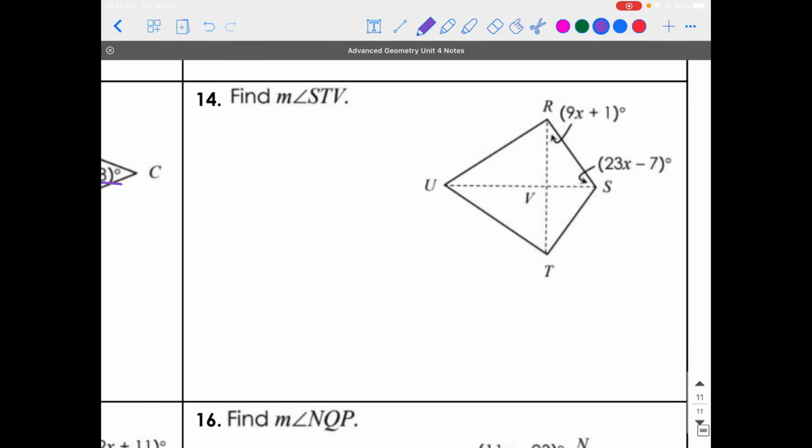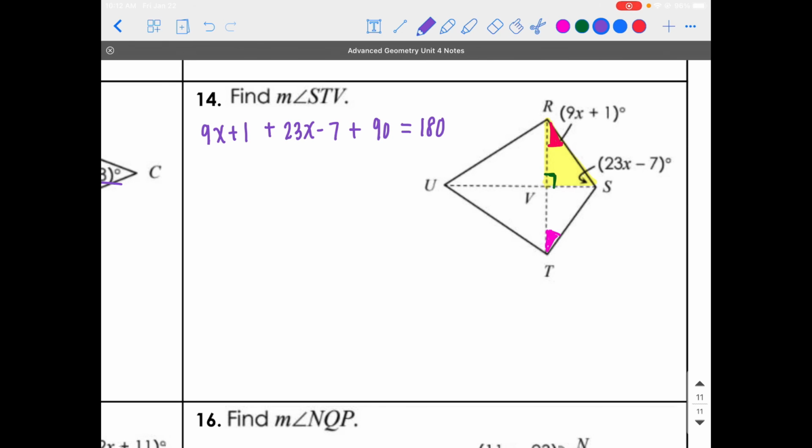All right. Number 14. We're asked to find angle STV, which is the same as this angle up here. Now I know that we have a 90-degree angle, and in a triangle, all three angles add up to 180. So I can take 9x plus 1 plus 23x minus 7 plus 90 equals 180.